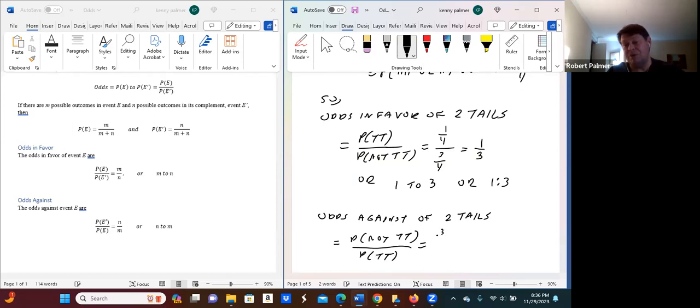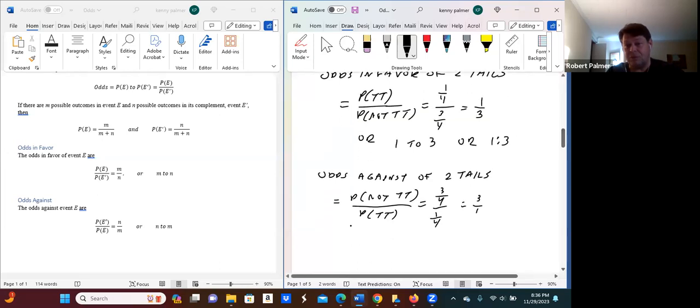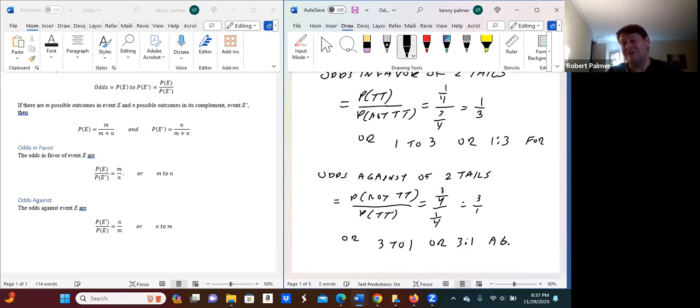That's just going to be 3/4 over 1/4, and that's of course going to be equal to 3/1. So you can also state that as 3 to 1. And I should also mention, when you say this is 1 to 3, you should also include the word "for" here, let's make sure it's clear. 3 to 1, or it can also be written as 3:1 against.